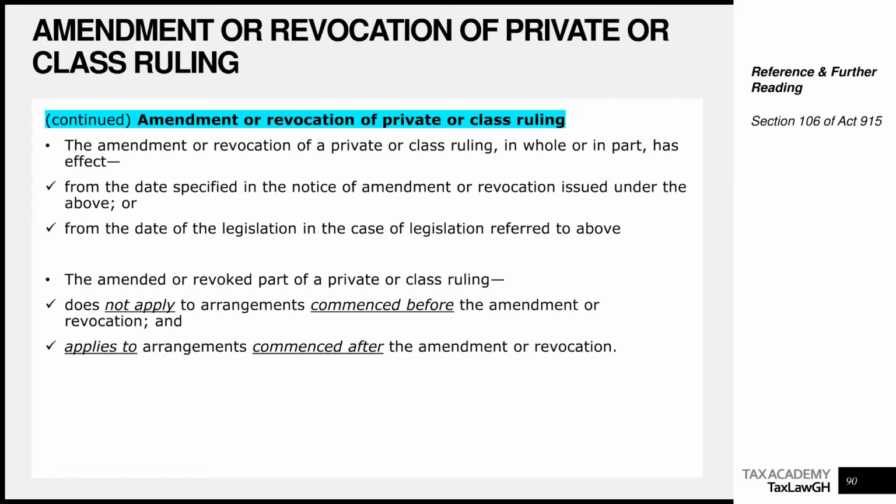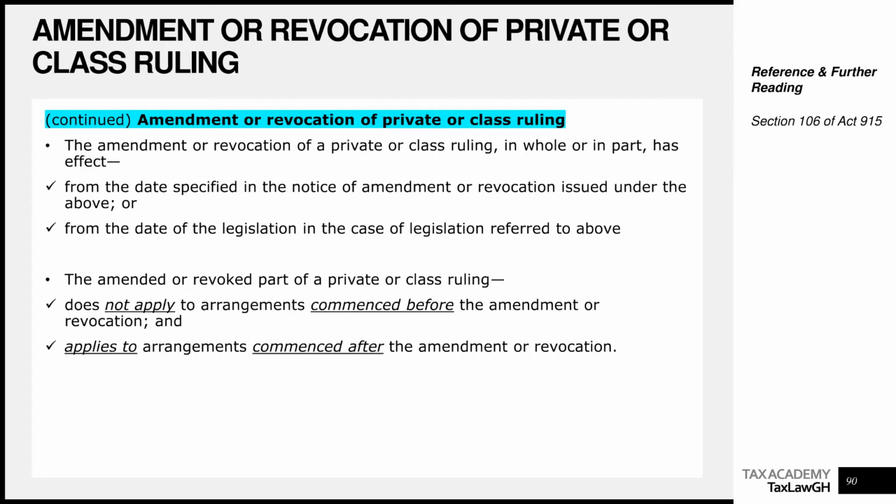Then, just like under the practice note, the amendment or revoked parts do not apply to arrangements commenced before, and apply to arrangements that commenced after the amendment or revocation. So it's just timing. If we revoked it in December, then all things that came after December, we can say it applies. The ones that came before the change, it doesn't apply.